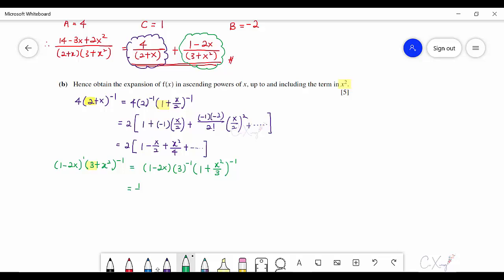Now I want to expand this last bracket by using the binomial theorem again. The first term is always the 1. The second term is nx, so n, and then this is my x.